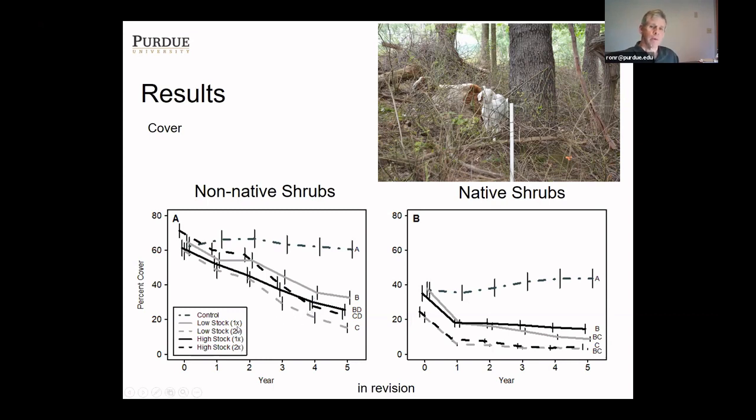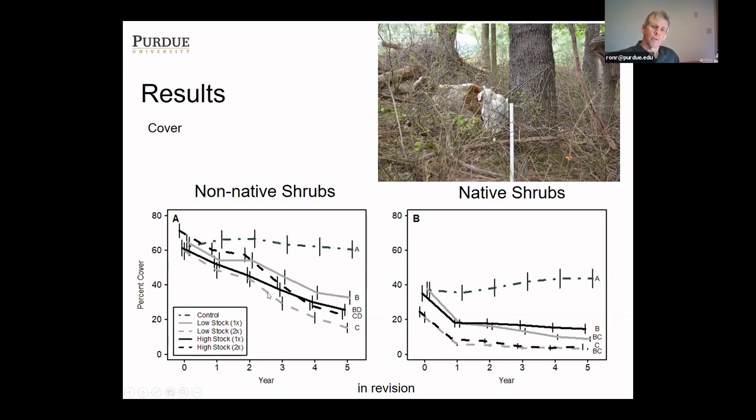But when we look at the 1 grazing treatment and the 2 grazing treatments, you see that the 2 grazings per season definitely produced a much lower percent cover, and it was significantly different than the 1 grazing treatment.